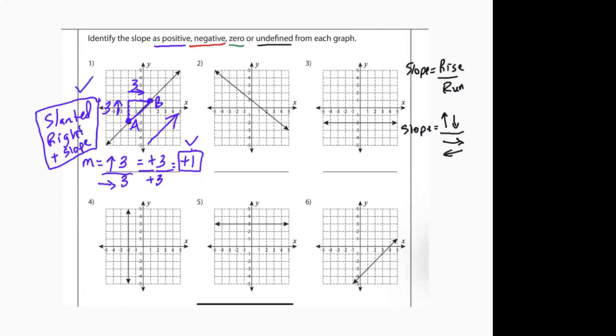Then for number 2, I'm going to pick 2 points. I need to make sure they're directly on the lines. I'm going to pick this point here and this point here, and make a right triangle. For the M, it looks like I went up 1, 2, 3, so I went up 3.